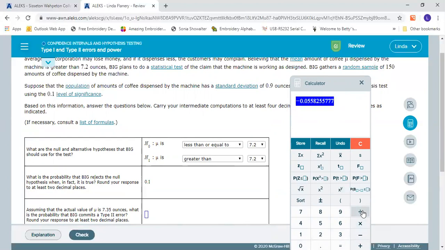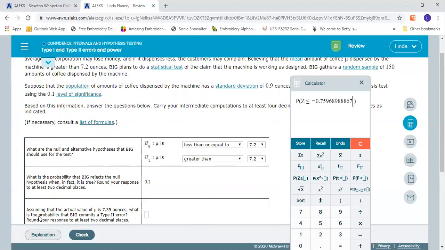I'm going to divide that value by my standard deviation, 0.9, divided by the square root of n, which is 150, equals. There's my value. I'm going to put it in the P of Z. So again, trying to decide, do I have to do the 1 minus or not?